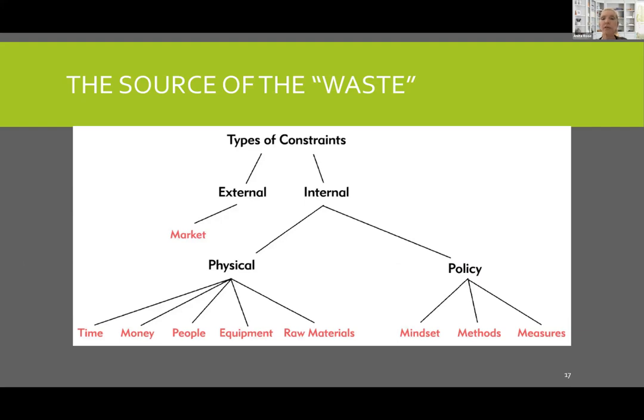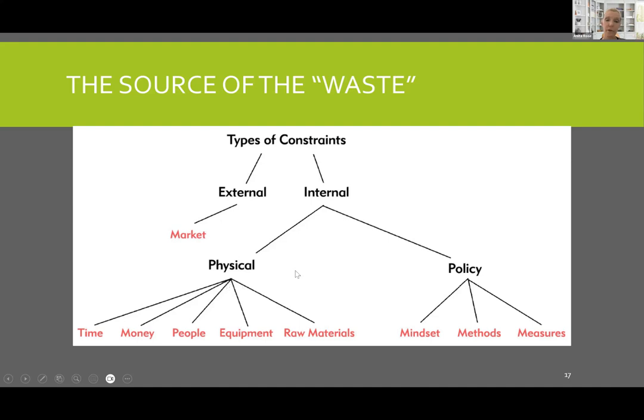We want to consider the source of waste or the source of the problem. There are external areas that we have very little control over: the market or areas within the market, many different areas in there. It could be political, it could be supply chain, it could be many different things along the way, external from our business. But internal, we do have the control, and we want to pay close attention.